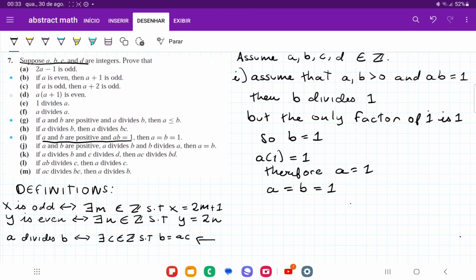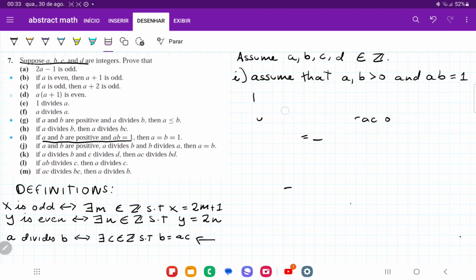What about item J? We want that if A, B are positive, A divides B and B divides A, then A is equal to B. Okay, so let's prove that one.